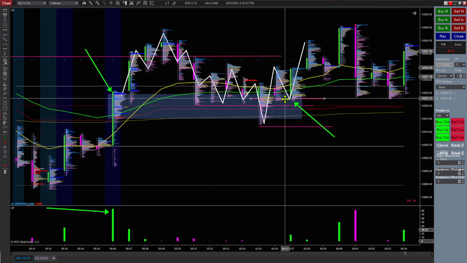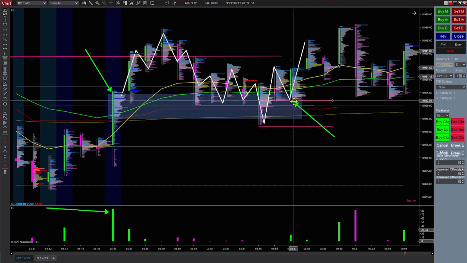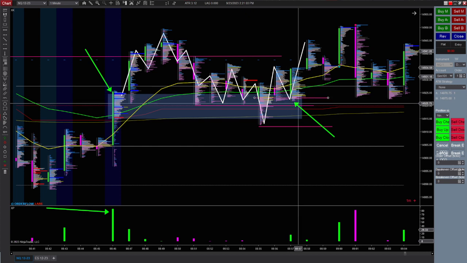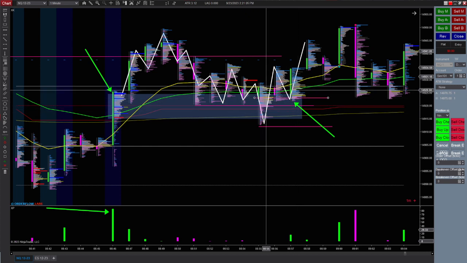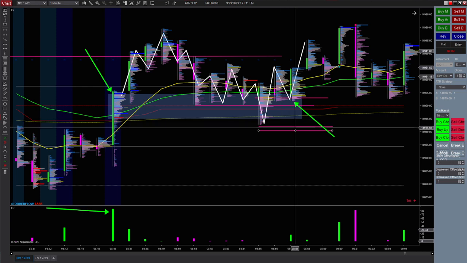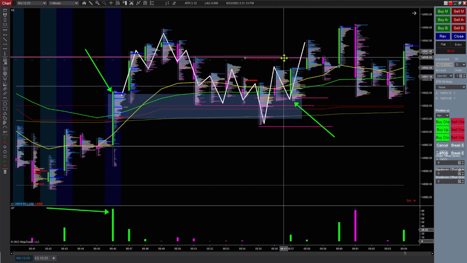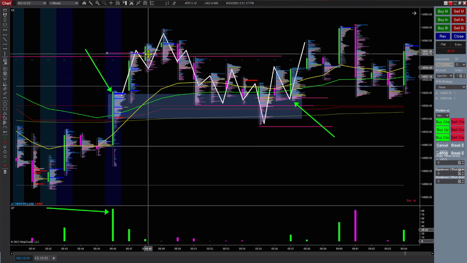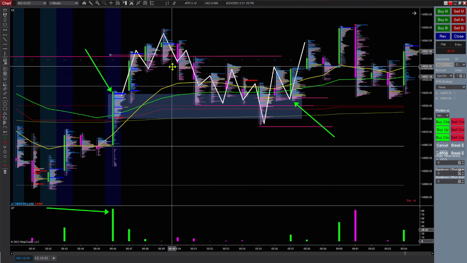Then my entry would probably be somewhere around the 23, give or take, somewhere within this thick volume right here. My first target would be somewhere around these highs right here, so somewhere between 34 and 40.